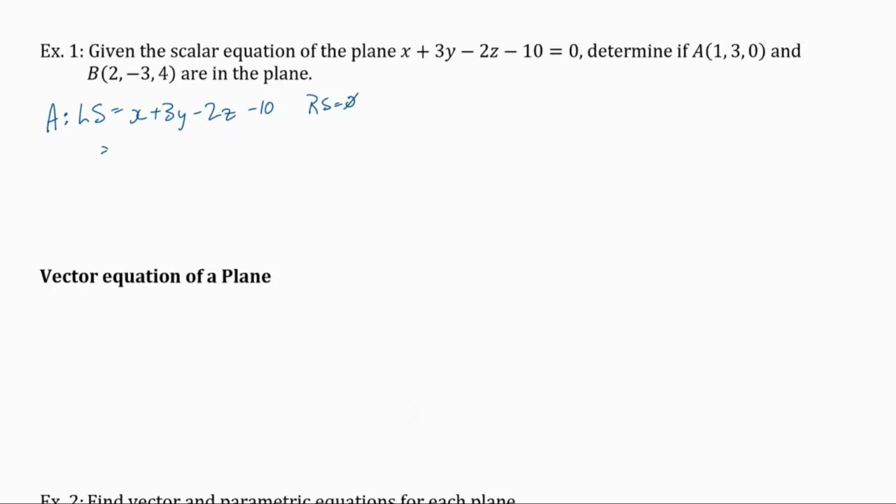So that's 1 plus 3 times 3 minus 2 times 0 minus 10, which is 1 plus 9 minus 0 minus 10, which is 0. Therefore, A is in the plane.